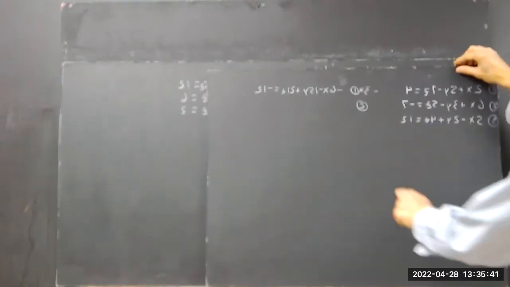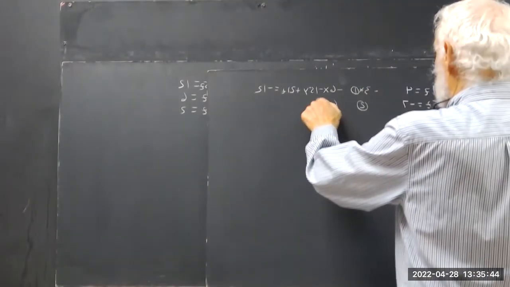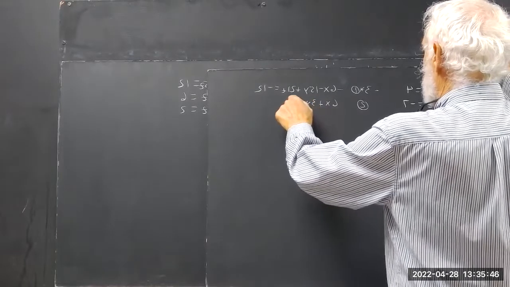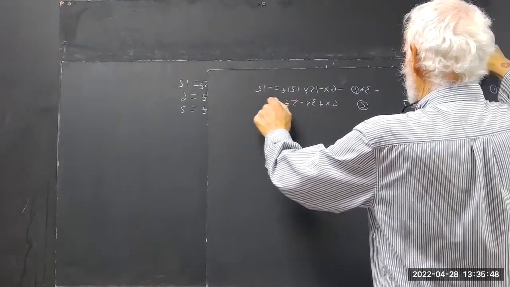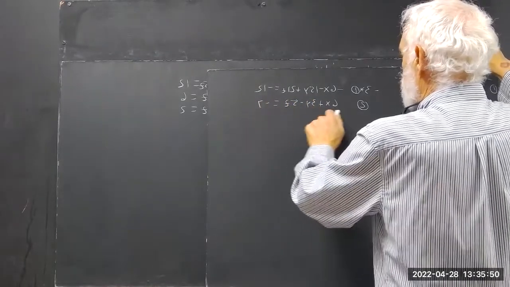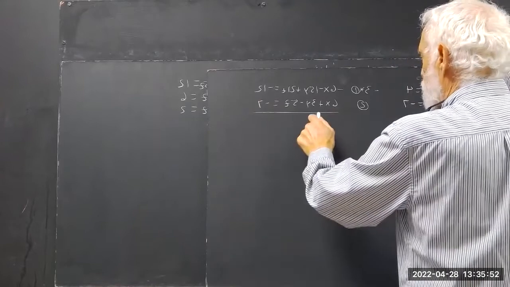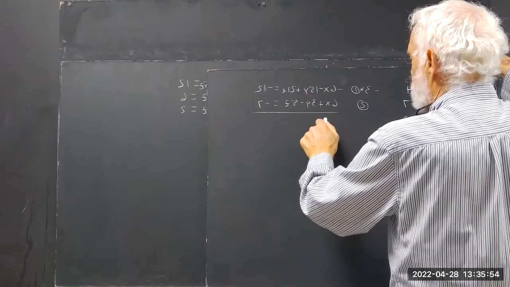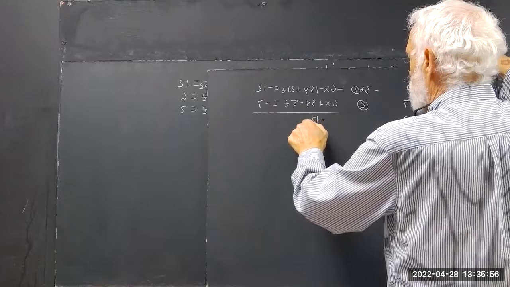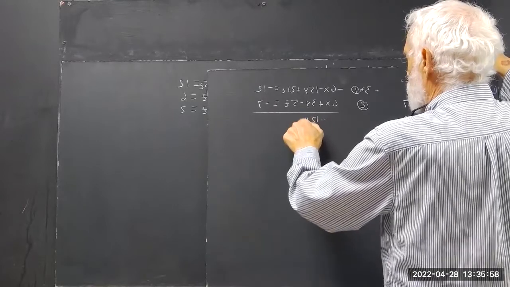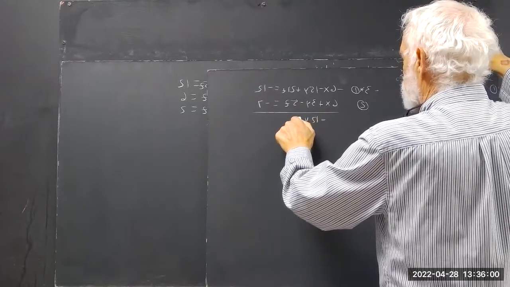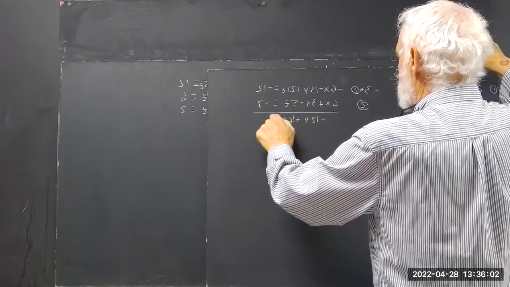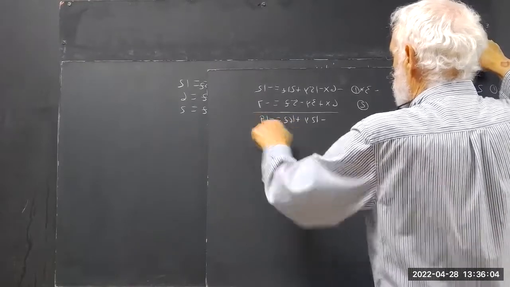Equation 2 is 6x plus 3y minus 5z equals -7. I add them up and I get -12y plus 16z equals negative 19.